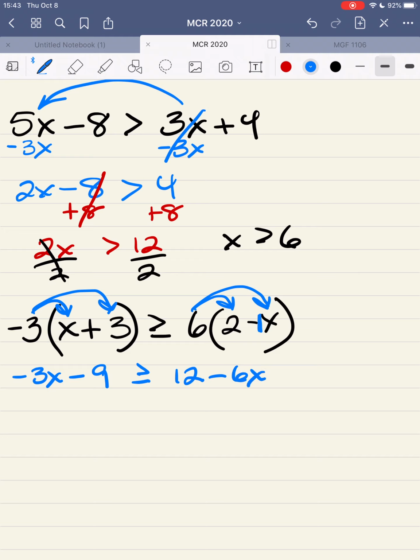From here, I'm going to go ahead and start moving. I'm going to get my x's over to the left by adding 6x to both sides. And I'm left with 3x minus 9 greater than or equal to 12. These canceled out. And go ahead and add 9 to both sides.